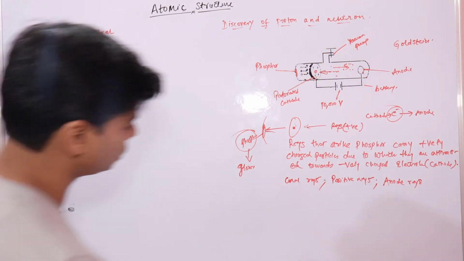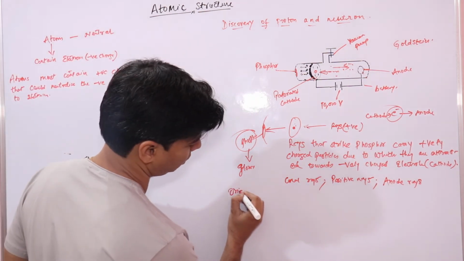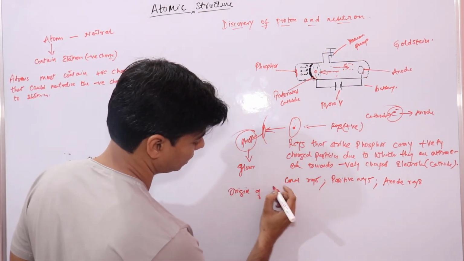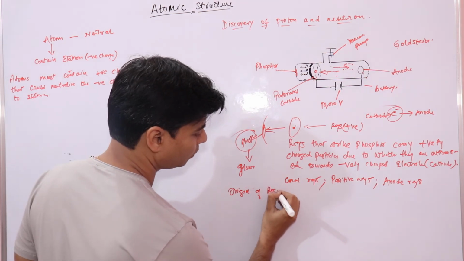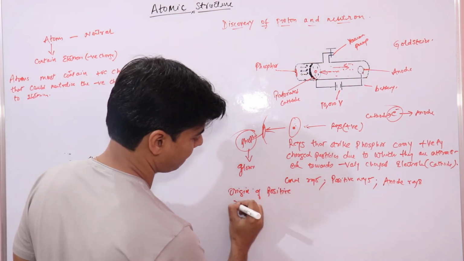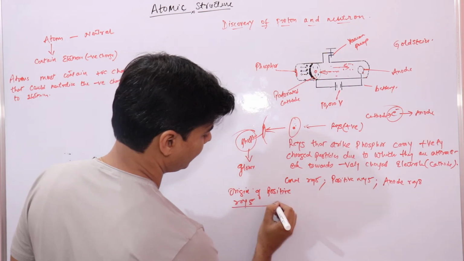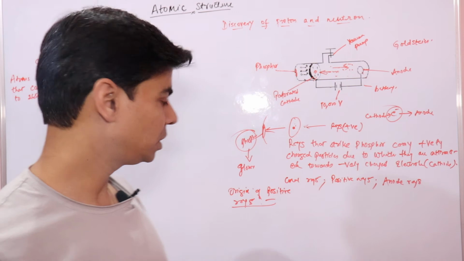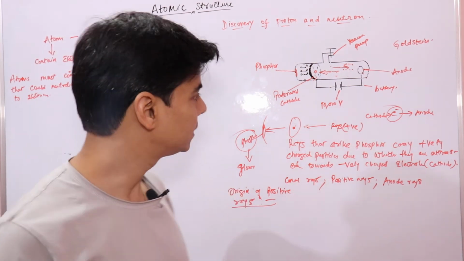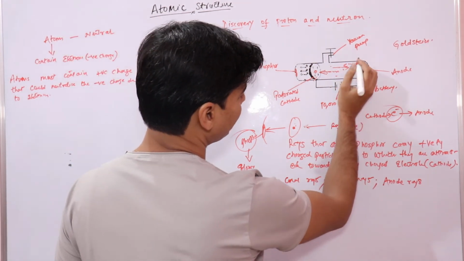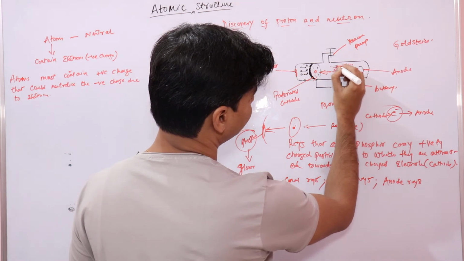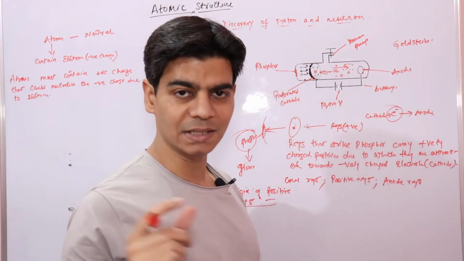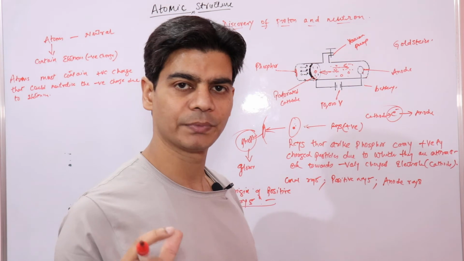You need to understand this. In this discharge tube experiment, from where are these positive rays getting produced? Since I said that this discharge tube contains gaseous atoms, right?